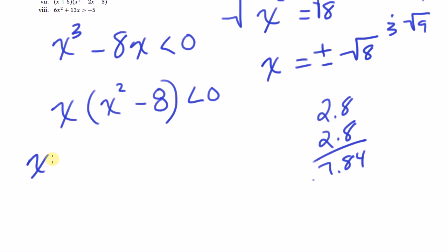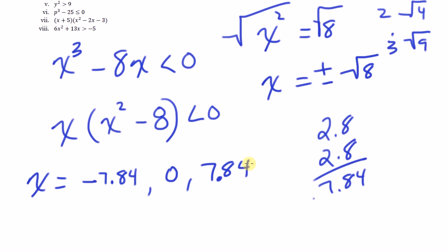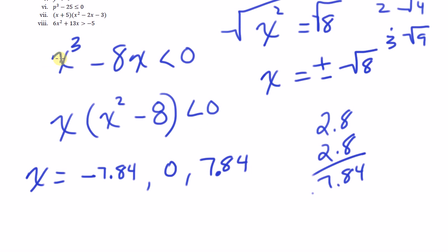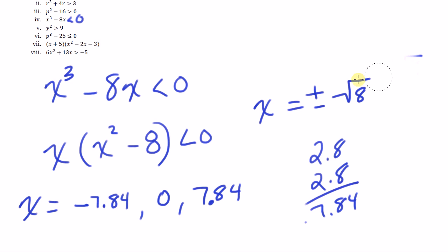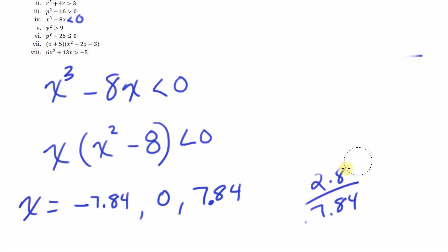So we're going to have x is equal to negative 7.84, x is at 0, and x is at positive 7.84. I know that it's cubic, and I'm going to go ahead and erase this other side here. I know that it's cubic, so its parent function is cubic.